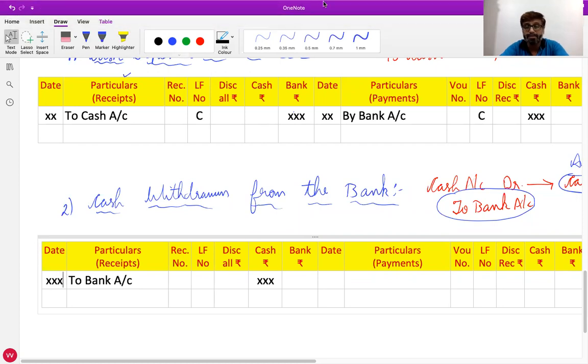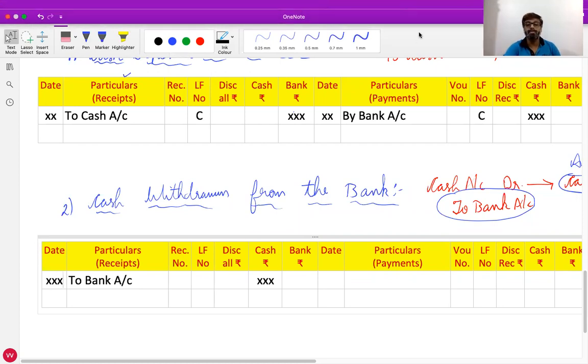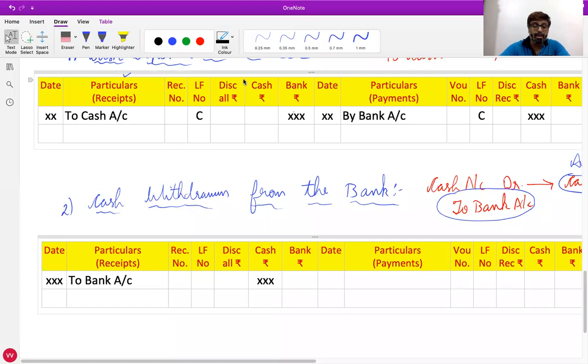Date, and then what will we write in the LF column?